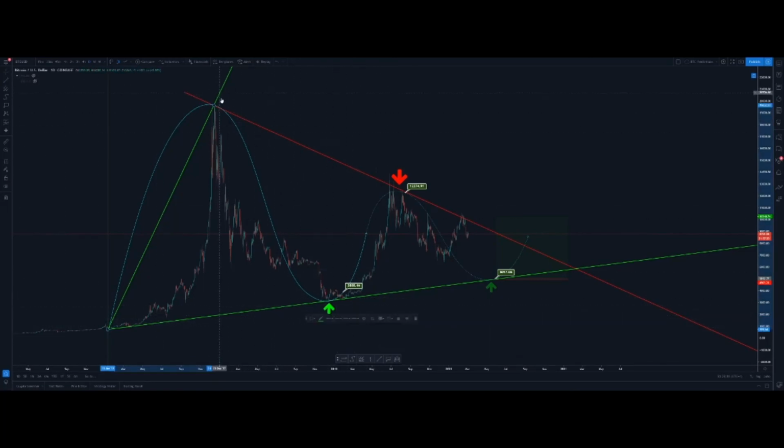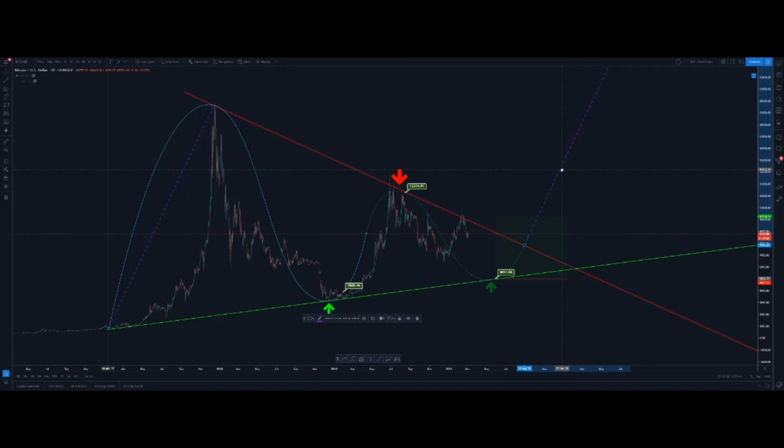Oh, let's not extend this. Let's give it a different color as well. And since this is an extrapolation, let's make this dashed. There we go. Let's copy paste this to the approximate breakup point.